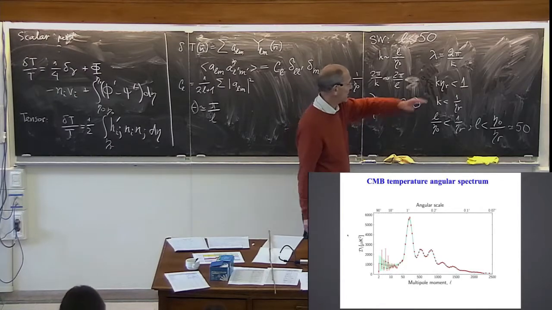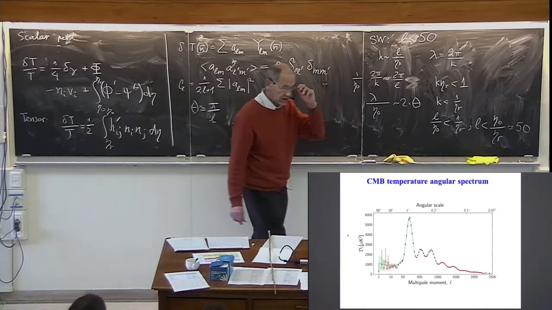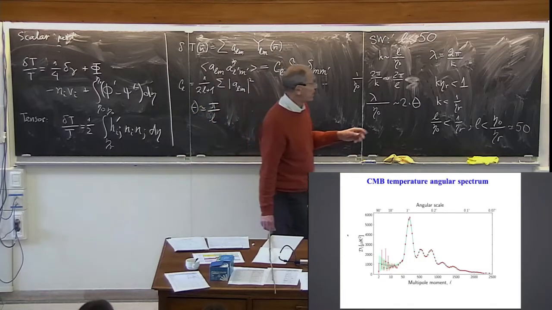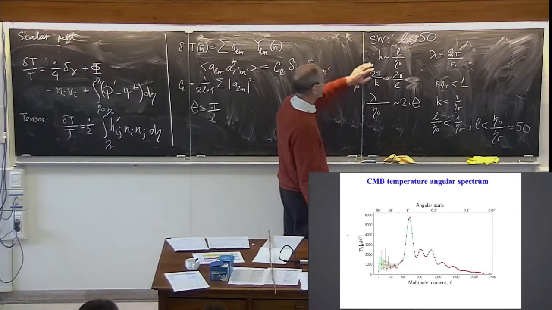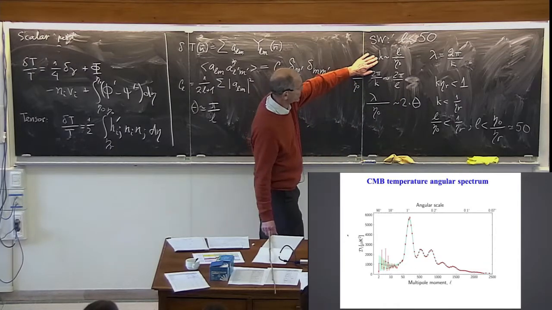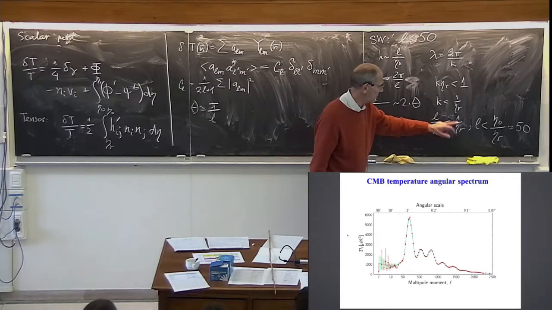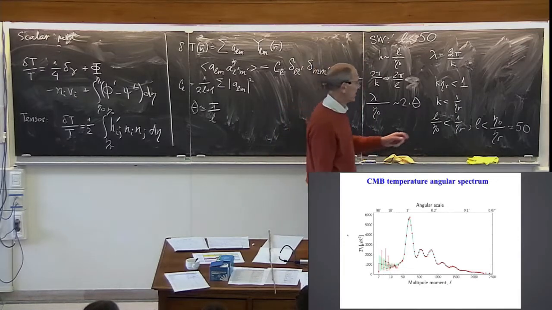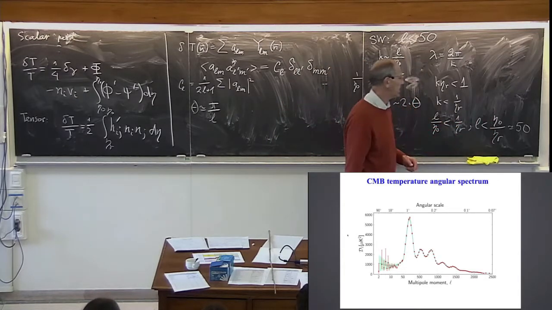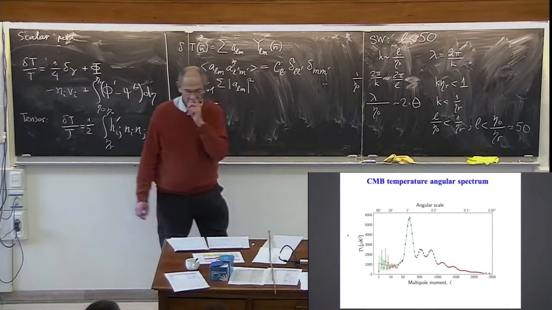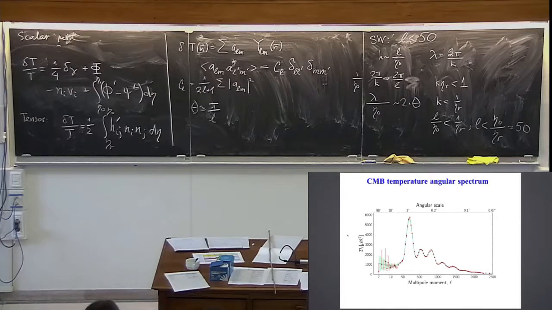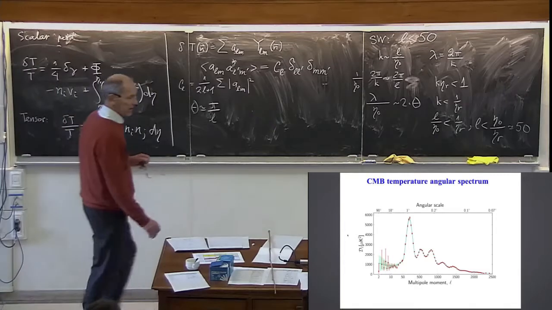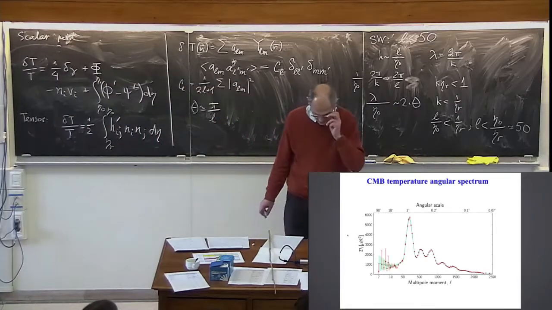That was our condition that the mode is superhorizon, which means that K is less than 1 over eta r, and according to this approximate relation, L over eta naught is less than 1 over eta r, meaning that L is less than eta naught over eta r, which is 50. So if I'm talking about multipoles less than 50, well, somewhat less than 50, then I'm talking about the modes which are still superhorizon at the recombination epoch. Good.